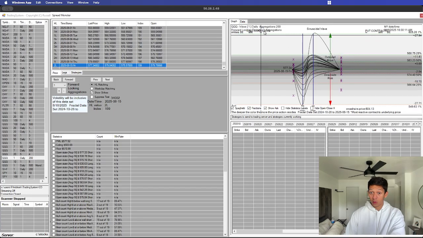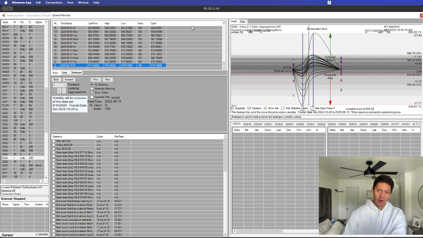There's the forward-looking density graph, which helps you to visualize path of price in different scenarios where tops and bottoms can be according to the last 200 days Wave 1 Daily. So if price opens up, let's see, 561 because of overnight session, if you follow this line, it's visualizing path of price.